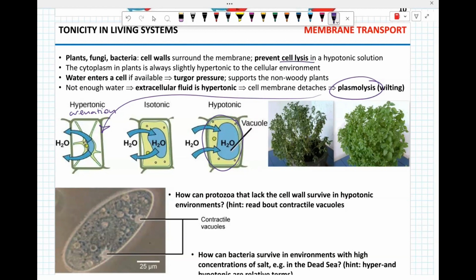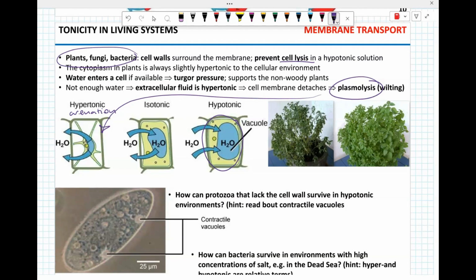However, in organisms like plants, fungi, and bacteria, cell wall prevents a cell from lysis. All those organisms, fungi, plants, and bacteria, are always slightly hypertonic to the cellular environment. In other words, they exist in hypotonic solution.